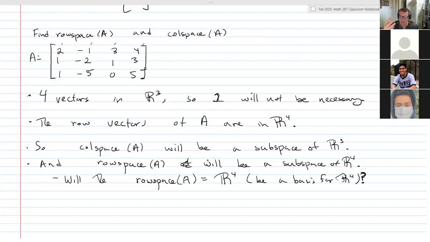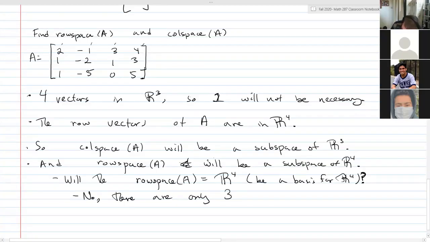To give me all of a 3-dimensional vector space, I need 3 vectors. To give me all of a 5-dimensional vector space, I need 5 vectors, okay? So consequently, if I don't have that many vectors, I'm not getting that entire space. That's never gonna happen, right? That's a not gonna happen ever kind of thing, okay? So in this case, the answer is no. There are only 3 row vectors in A.